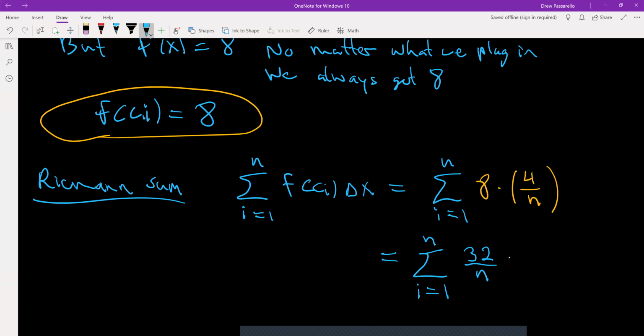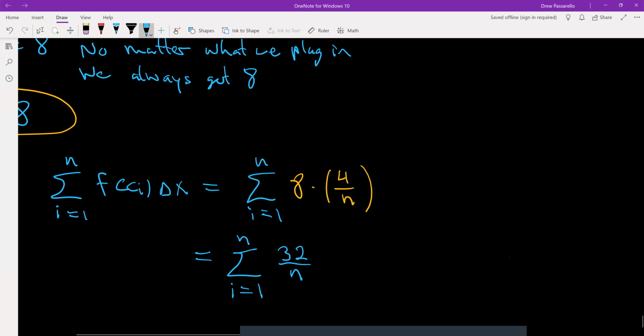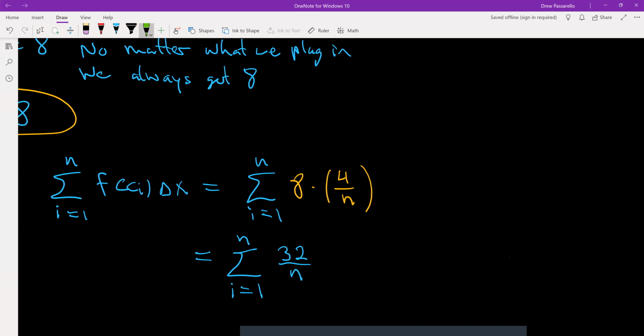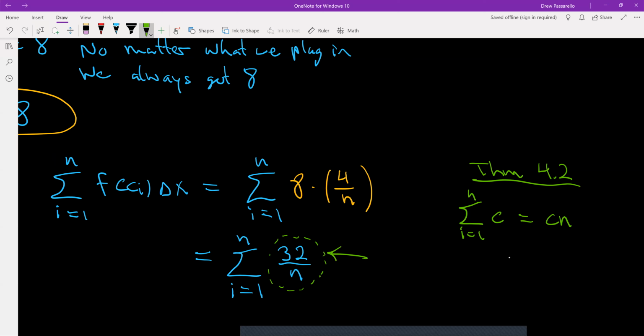Now, we know from the summation formula from Theorem 4.2, if we take this sum from i to n of some value c, we get c times n, where c is a constant. In this case, since 32 over n doesn't have i at all, that's like our c.